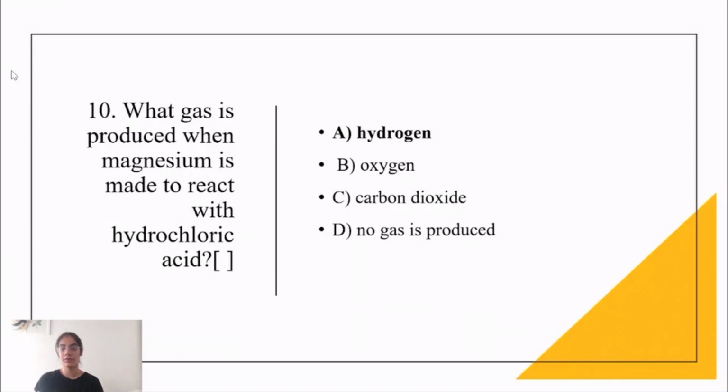You just have to look at the basic reactions when it comes to the chemical properties of acids, see if you have studied similar reactions, and relate to them in their reactivity order. So, what gas is produced when magnesium reacts with hydrochloric acid? We know that the salt MgCl2 will be produced and hydrogen gas will be evolved. So, the answer is A, hydrogen.